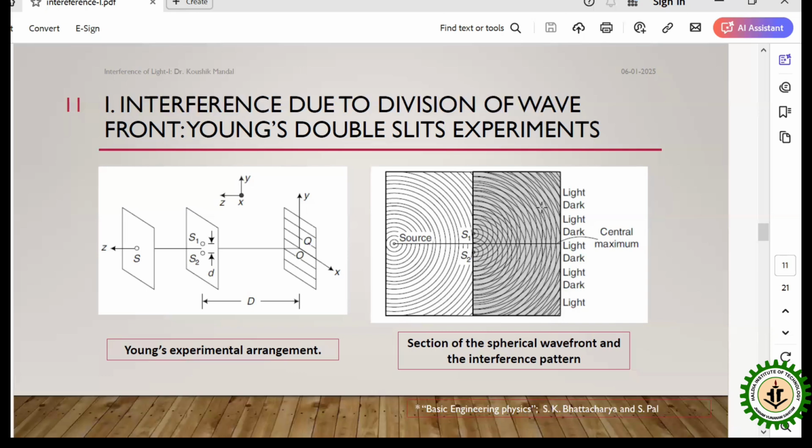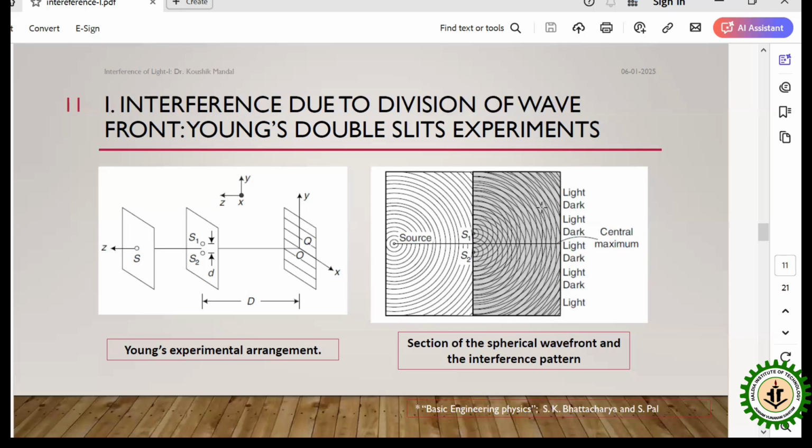We consider the point source is here. The point source is always spreading out a spherical wavefront, right? After reaching the sheet where the slits S1 and S2 are residing, after passing through these points, it will be divided into two wavefronts, right?